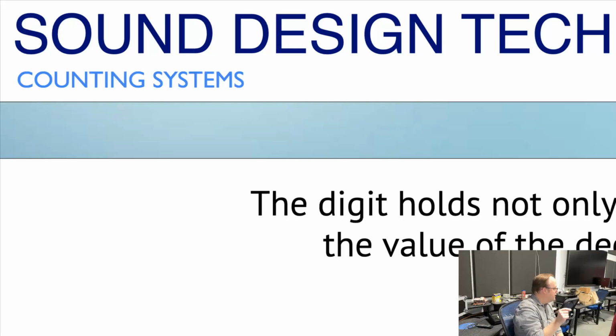Like this is 1, but depending on where that 1 is, it could be representing ones, or tens, or hundreds. Taking the idea further, the digits 1, 2, 3 in a decimal numbering system represent 1 hundred, 2 tens, and 3 ones, which equals 123.